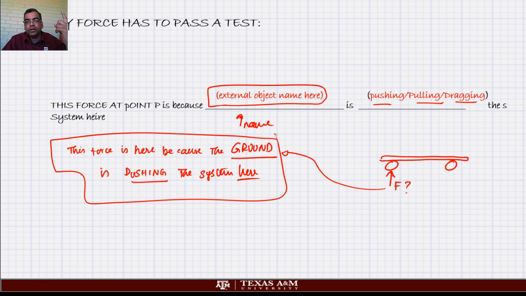So remember that we ignore everything that is inside the body and we replace everything that's outside the body with either a force or a combination of forces or a torque or a combination of torques.